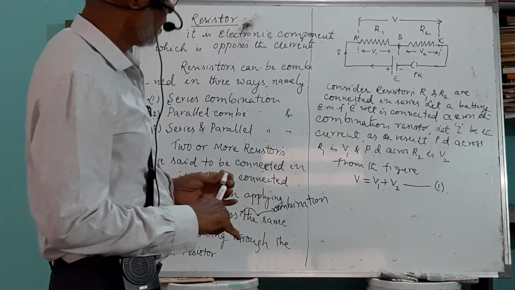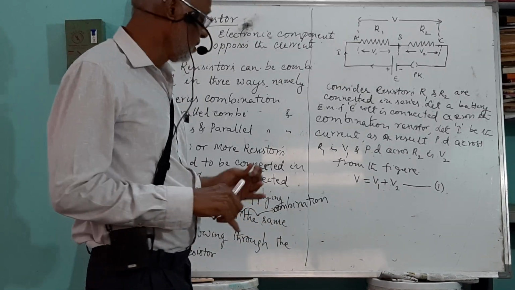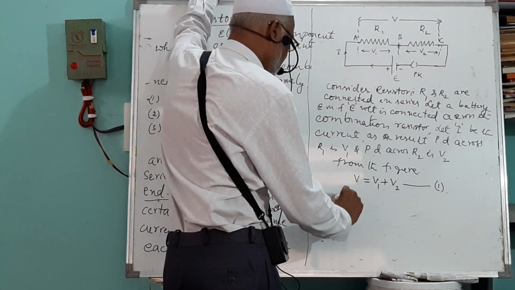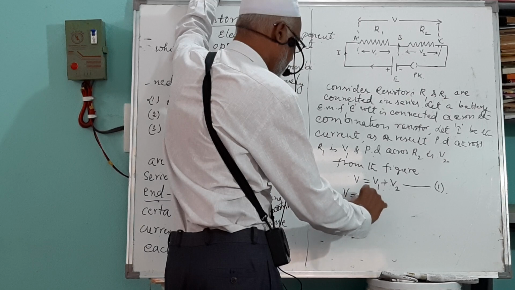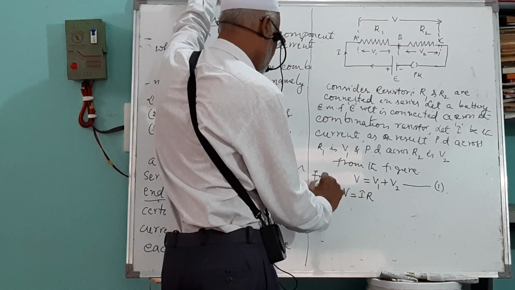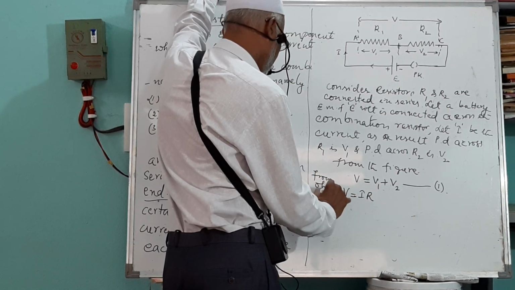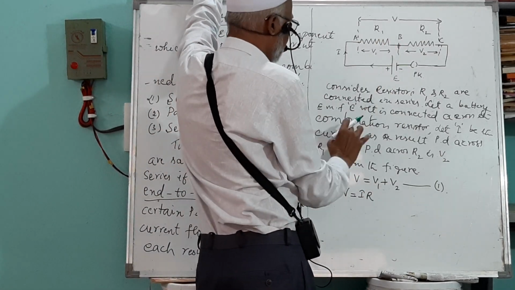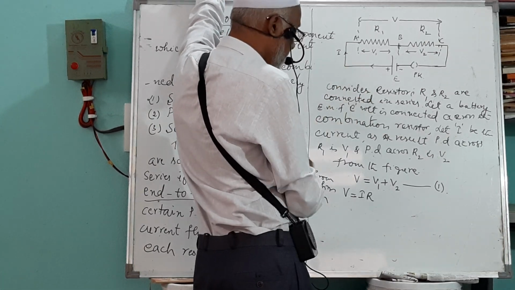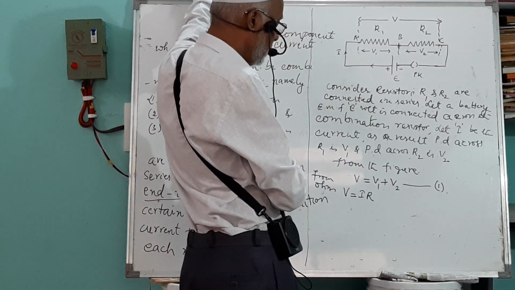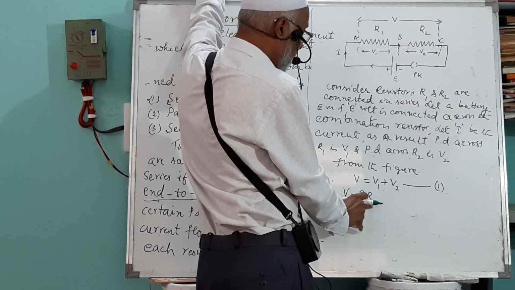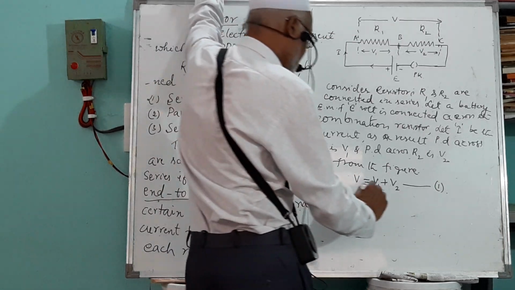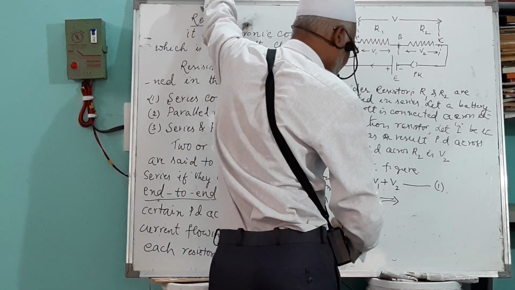As we already studied Ohm's law, the familiar form is V equal to I into R. What are the variables in this specific case? Current remains the same, but the PD and the resistance change. So we have to rewrite this expression.